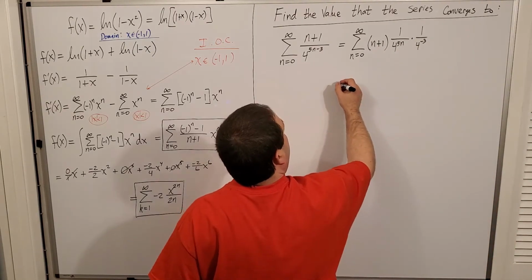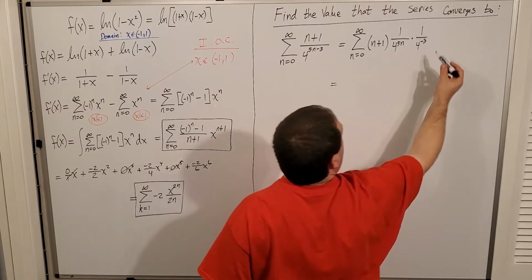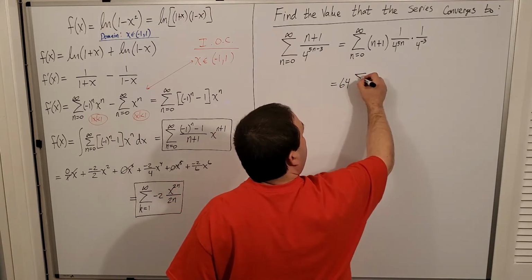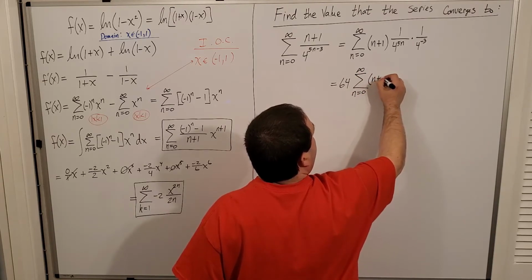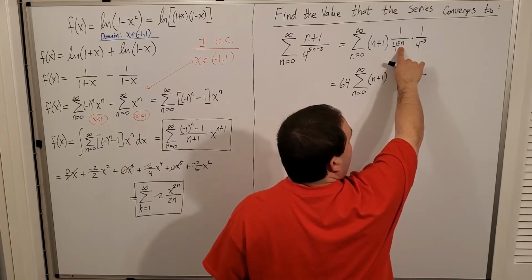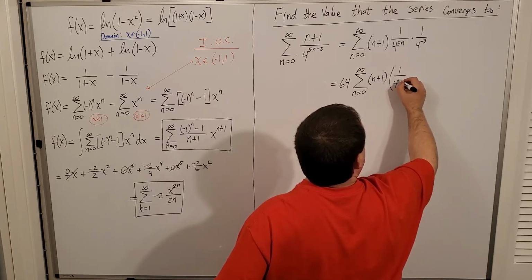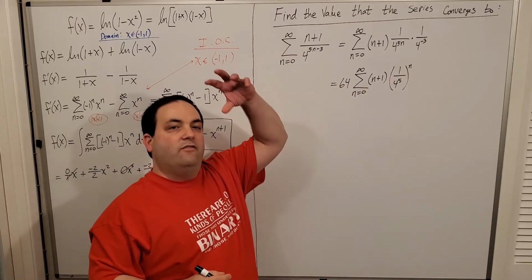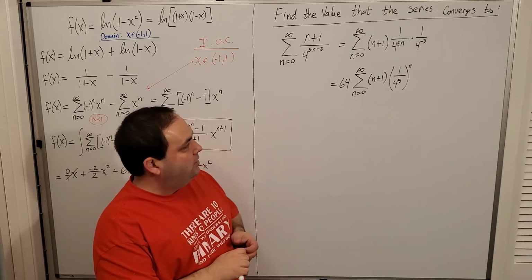So here we go. This is going to be equal to 1 over 4 to the negative 3, which is 64, times the sum n equals 0 to infinity of n plus 1. Now right here, instead of 4 to the 5n, I'm going to write this as 1 over 4 to the 5th, to the n, so that I have one chunk to the n power and make it look more like that geometric structure.